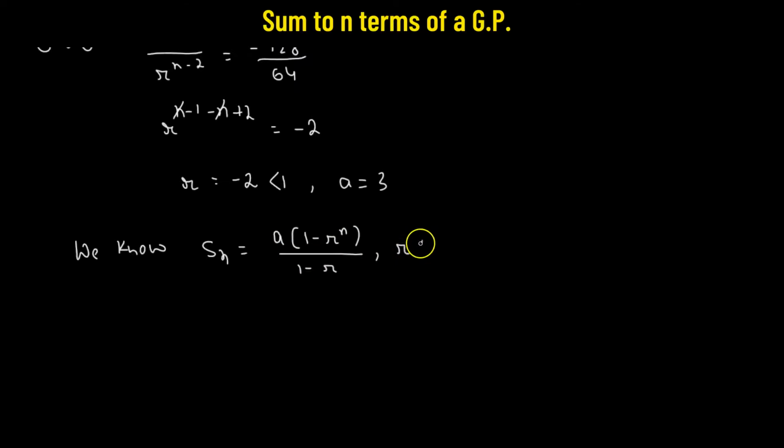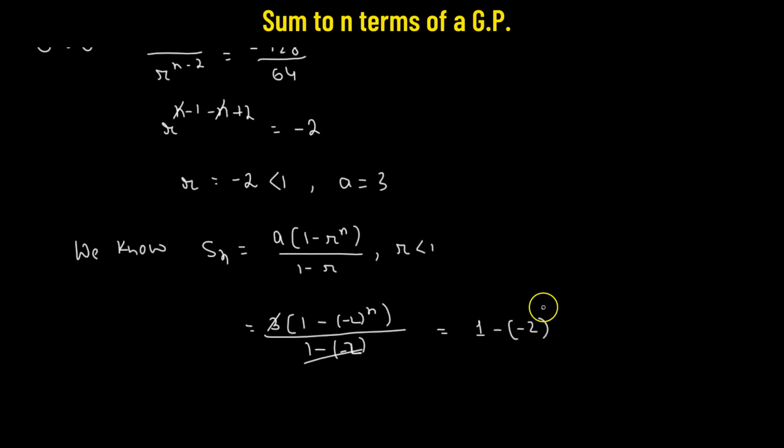This holds true whenever r is less than 1. So this equals 3 times 1 minus negative 2 raised to the power of n, divided by 1 minus negative 2. Now 1 minus negative 2 is 3, so the 3 in the numerator and the denominator goes away, and this gives us a final value of 1 minus negative 2 raised to the power of n.